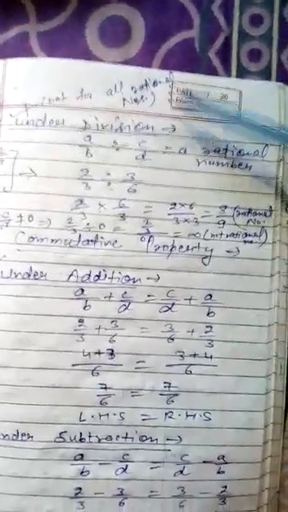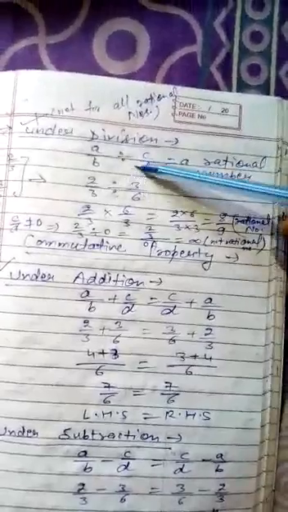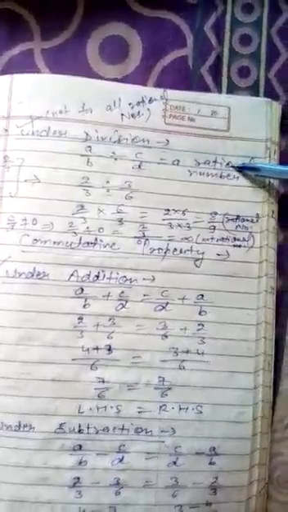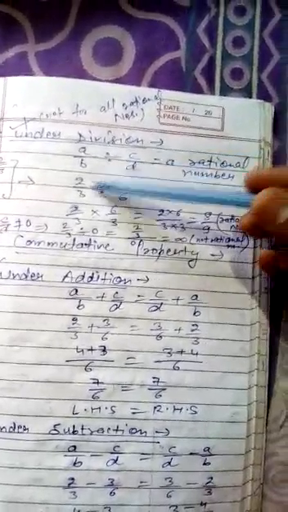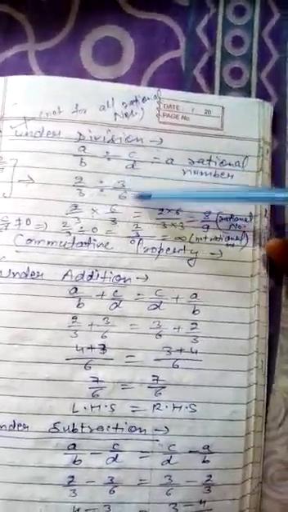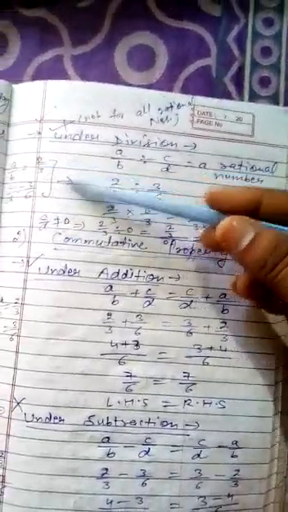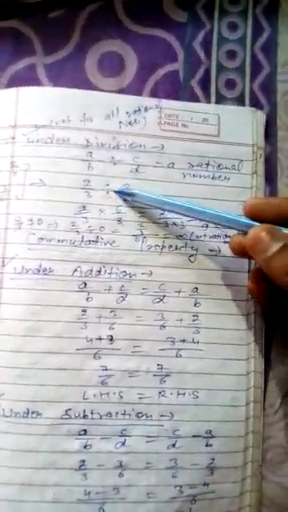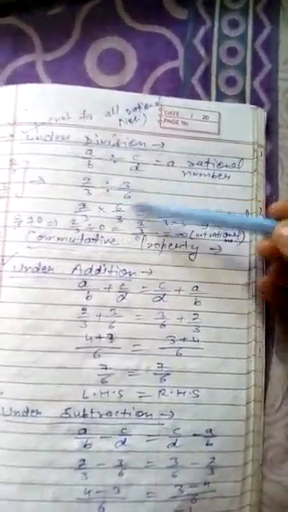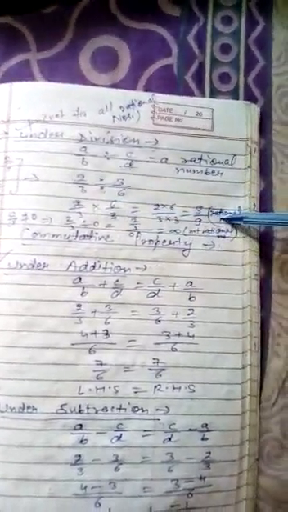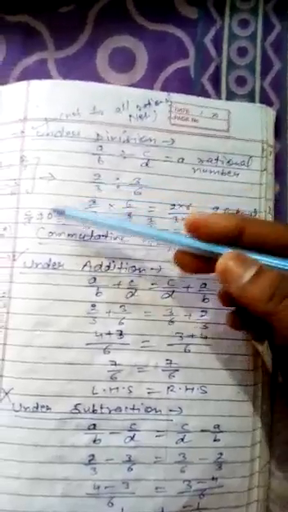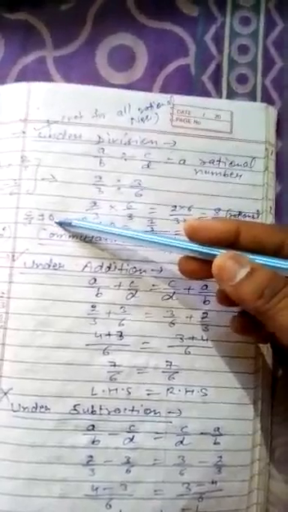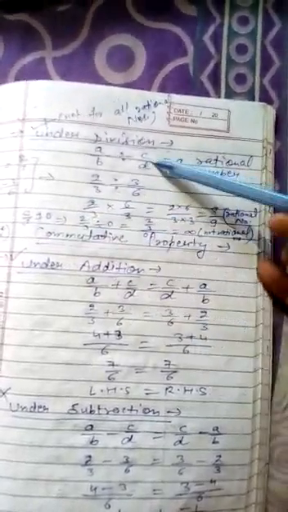Now closure property under division. A upon b divided by c upon d. If we will solve this, we will get a rational number. 2 upon 3 divided by 3 upon 6. The same examples I am taking here. You know in division, if we are changing the sign to multiply, then we solve this, we will get a rational number. But c upon d should not be 0, as c upon d is the denominator.